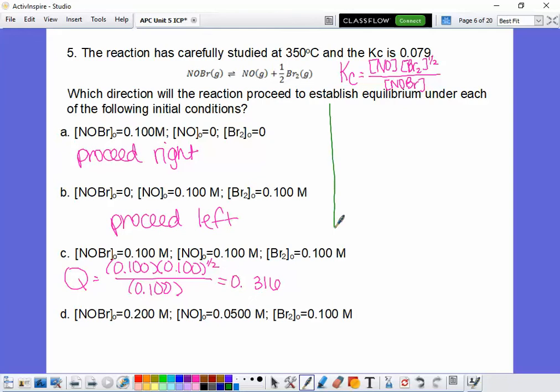We want to compare this to K. Let me show you a little trick, a little visual to help you remember, and then I'll explain why. Okay? So we're going to compare Q to K. When Q is less than K, imagine that these are the arms of a little dude who's saying, go this way.